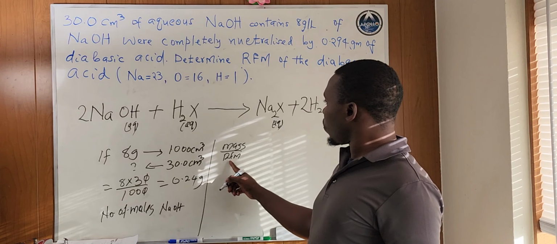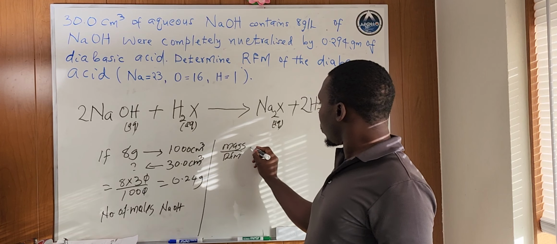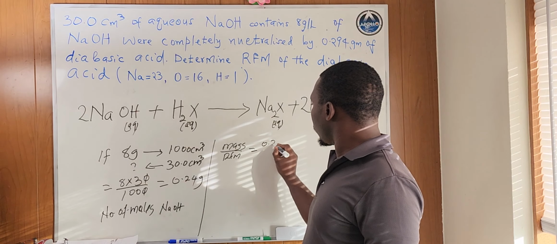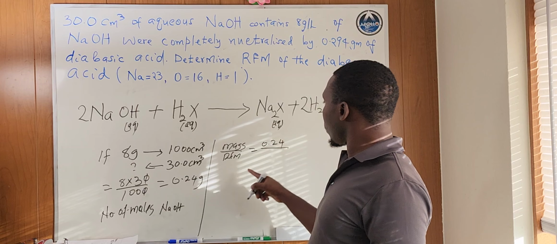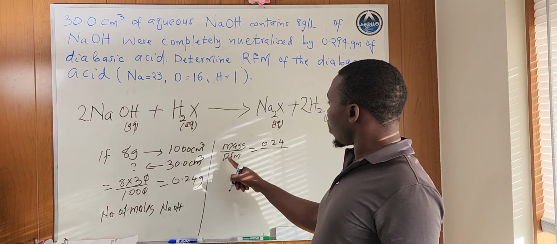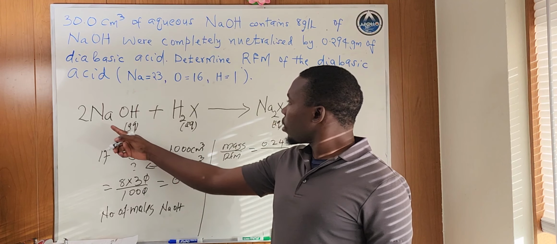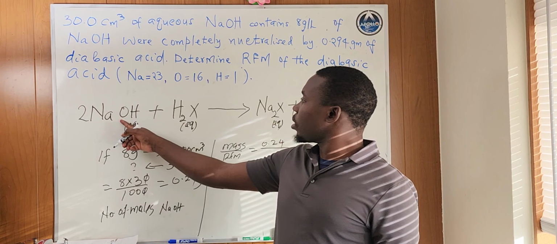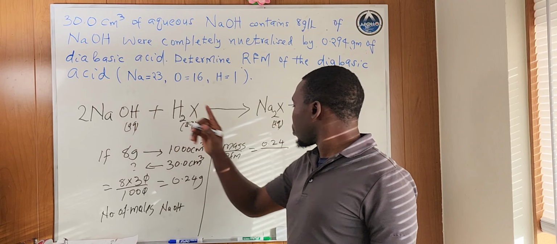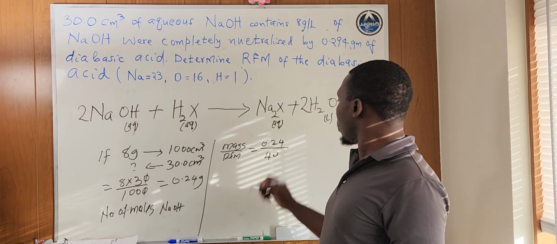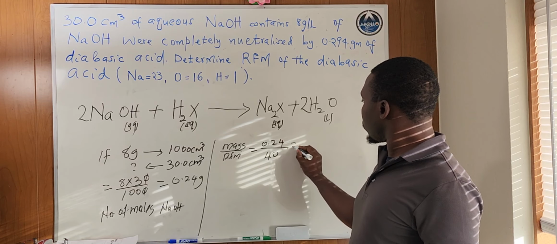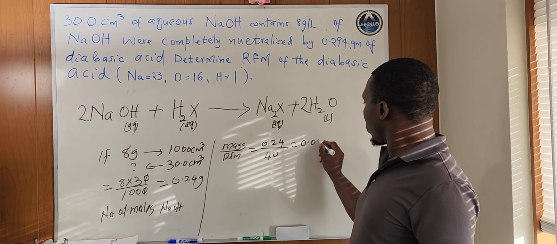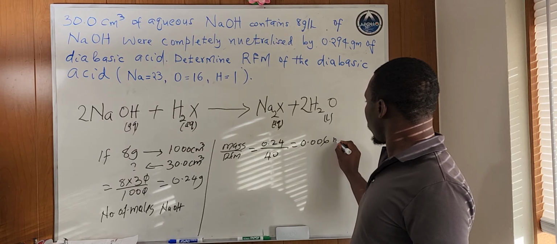The mass we have already is 0.24 grams, divided by the RFM of sodium hydroxide. Sodium is 23, oxygen is 16, hydrogen is 1: 23 plus 16 plus 1 gives 40. If you divide, you will get 0.006 moles.